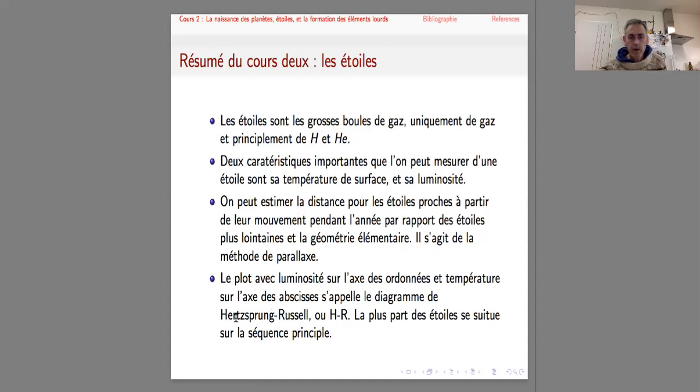An important diagram for looking at stars and talking about the life cycle of a star is the Hertzsprung-Russell diagram. This is a diagram with the luminosity plotted on the vertical axis and the temperature plotted on the horizontal axis, but with this funny convention of higher temperature to the left and lower temperature to the right.